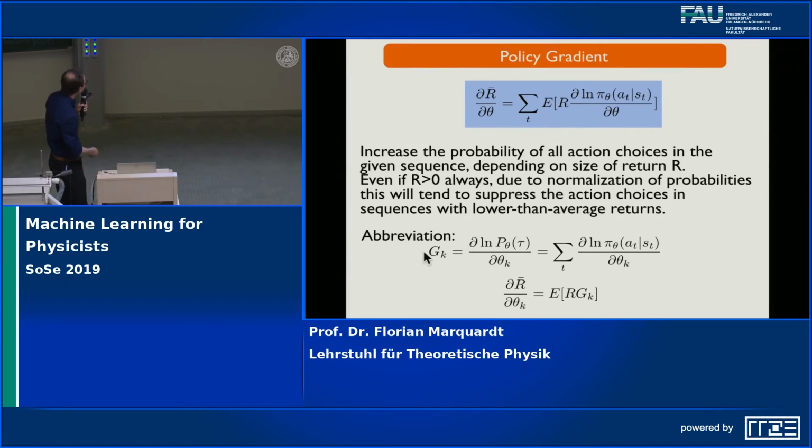Now, for the following more detailed discussion, I want to abbreviate things a little bit. Let me just pick one of the parameters theta k that occur in our policy, and let me call the gradient of the probability of a given trajectory capital G_k.